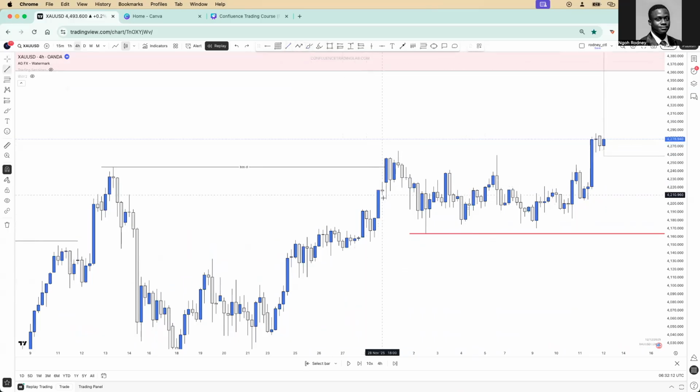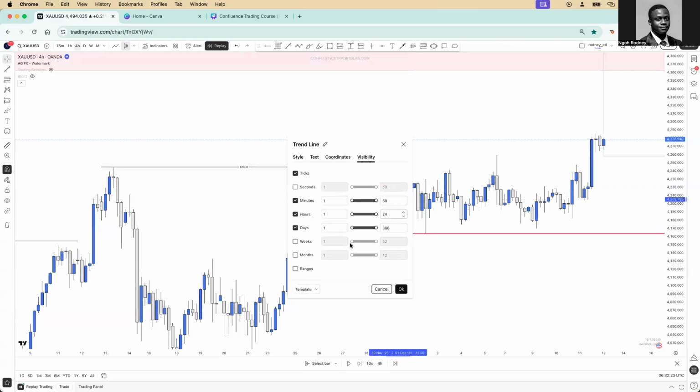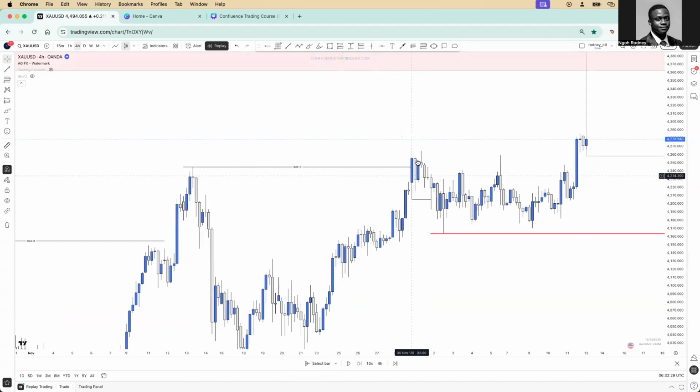This low led to this high that took out this previous high. Have you seen it? So this is a significant level, and you can even start drawing your structure from there. Basically, this low created this high, then broke below, created a lower high, and then broke below.